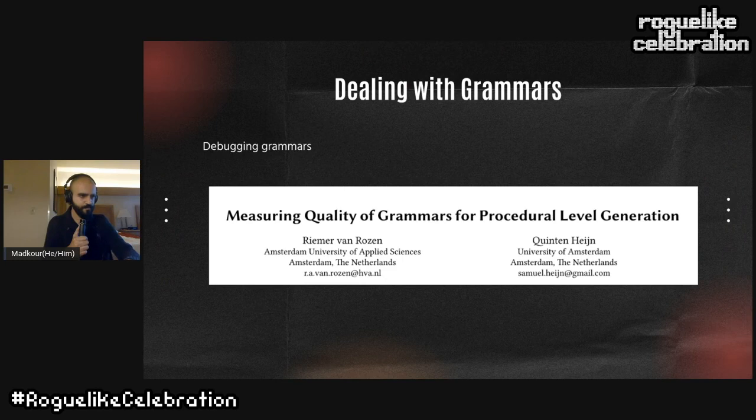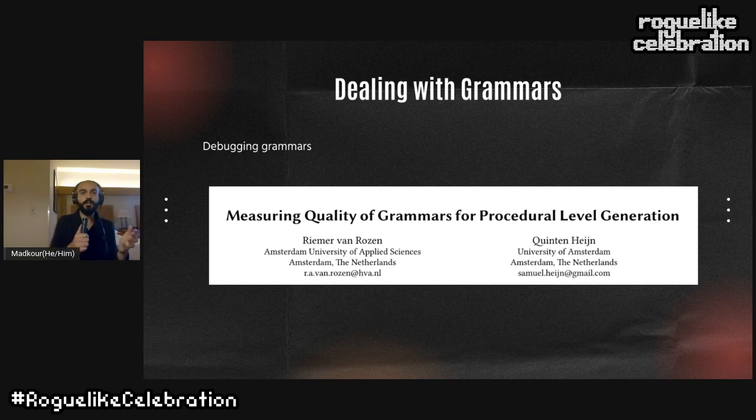And so some research is trying to address this. This paper in particular is proposing a way for us to debug grammars, much like you would debug code. The idea is that you have a metric that tries to measure how a given rule changes the level, or whatever thing you're trying to generate.